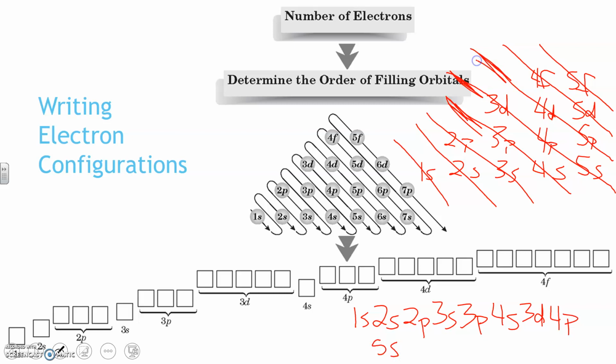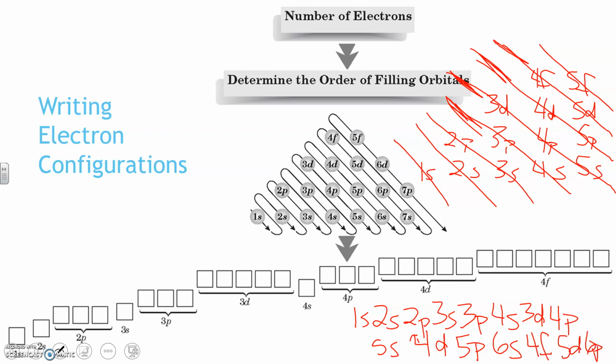Next one here, you have 4d, and then 5p, and then we would go to 6s, I just didn't have it written up there, and then you go up to this one. Then it's 4F, 5D, 6P.